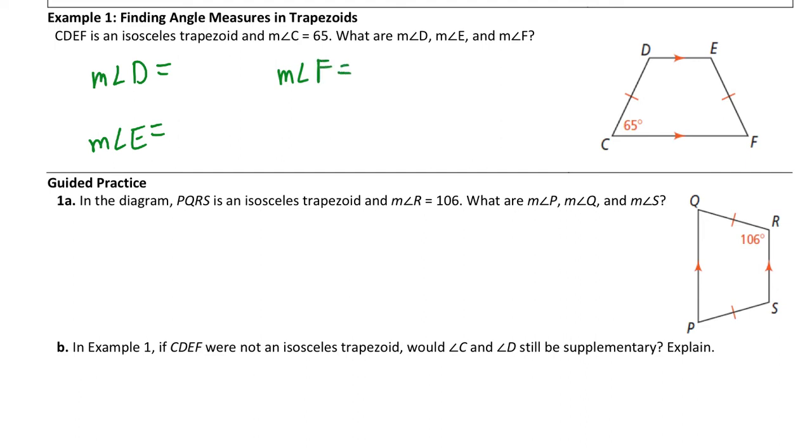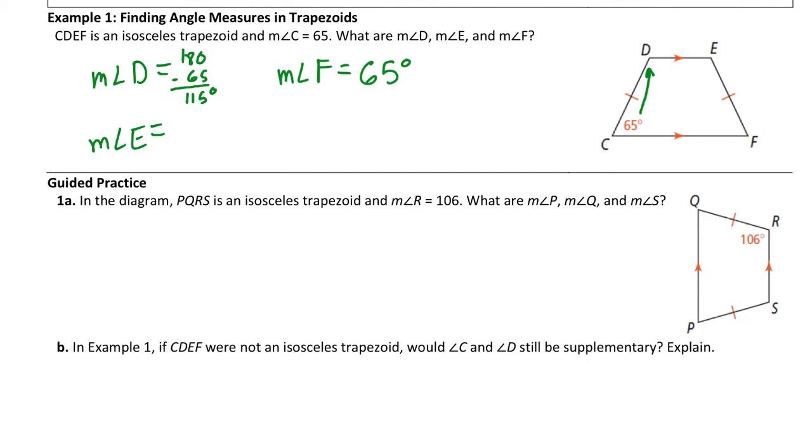Since this is an isosceles trapezoid, base angles are congruent, which means F is also 65 degrees. Now, the fact that these bases are parallel to each other means that angle C and angle D are supplementary. So angle D is 180 minus 65, which is 115 degrees.